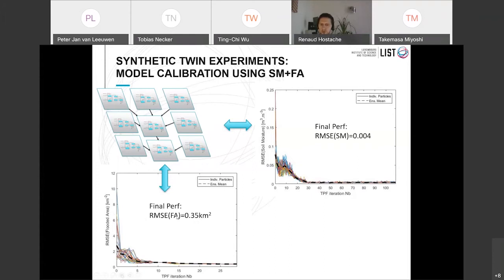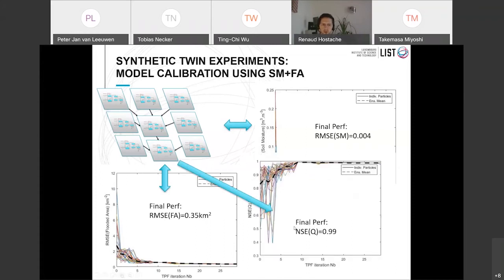Each cell corresponds to, I think, 25 by 25 kilometers. You see that the RMSE in terms of flooded area is also rather small after the assimilation and the optimization of the model.